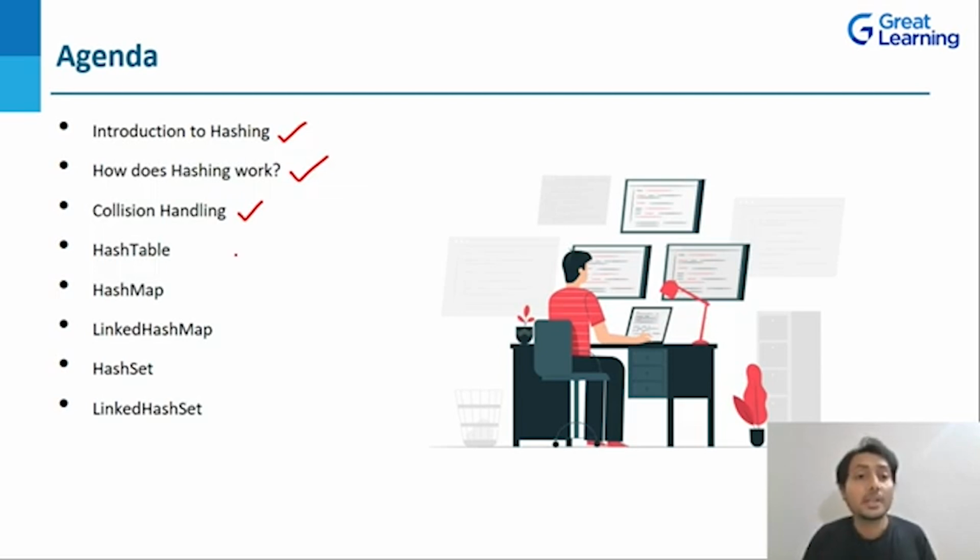Next, we are going to check out the implementation for Hashtable, HashMap, LinkedHashMap, HashSet, and LinkedHashSet. All these are nothing but collections in Java. So we'll implement all these and understand different methods associated with these collections in Java, right? So let's get started then.